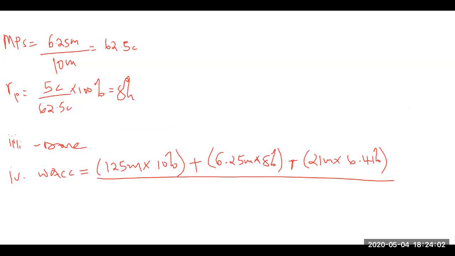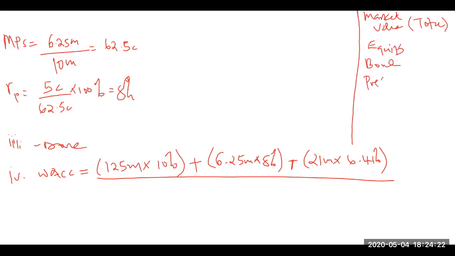So maybe we can just have a side working for it. Total market value from all those sources: you have equity, you have bonds, and you have preference shares, which is equal to 125 million, bonds 21 million, and preference shares 6.25 million, to give us a total market value of 152.25 million.